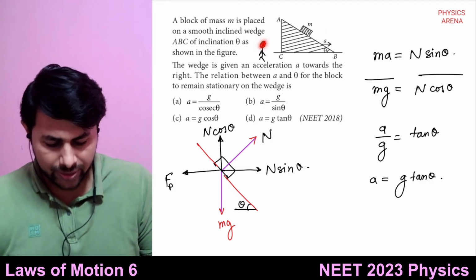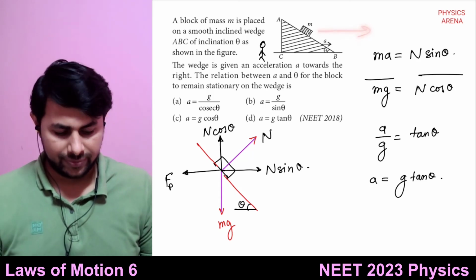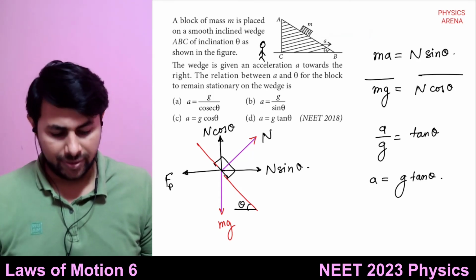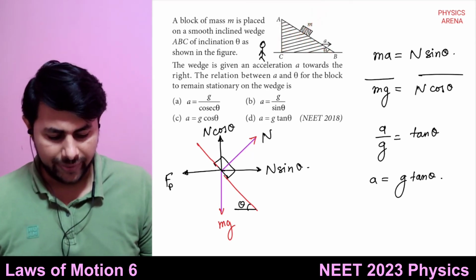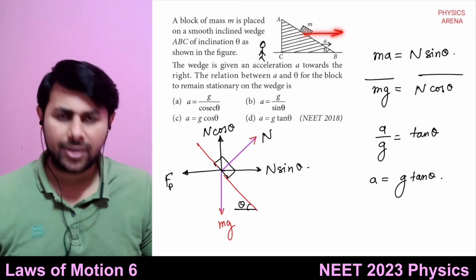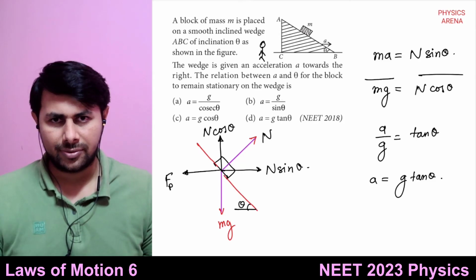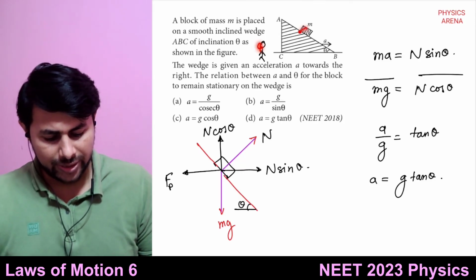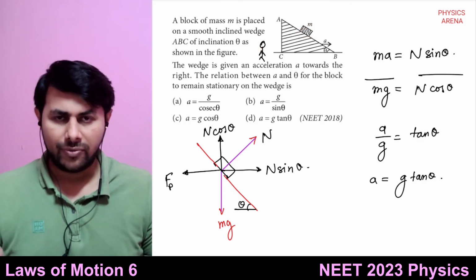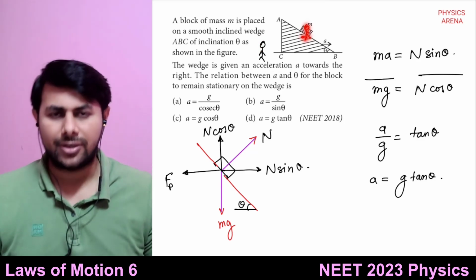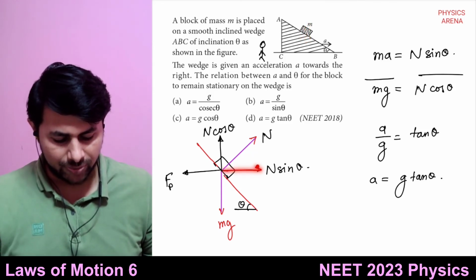So this observer looks at the block and he sees that the block is accelerating. Okay, so the block is getting accelerated because the wedge is in acceleration. It exerts a normal reaction on the block, and the horizontal component of that normal reaction provides acceleration to the block. So for this observer, the horizontal component of normal reaction is providing acceleration to the block, while for the observer who is riding along with the block, accelerating along with the block, what is the horizontal component of normal reaction doing?